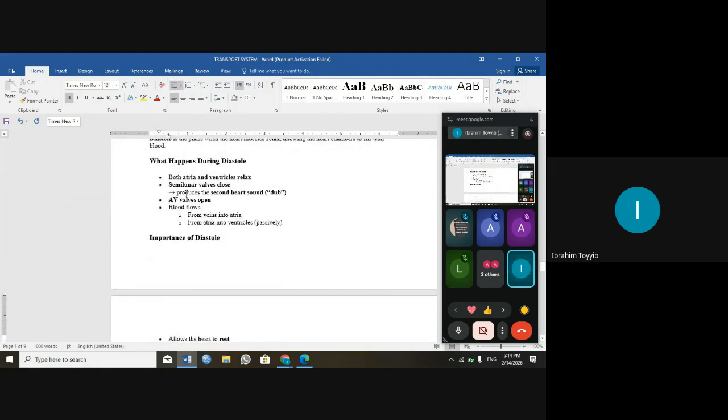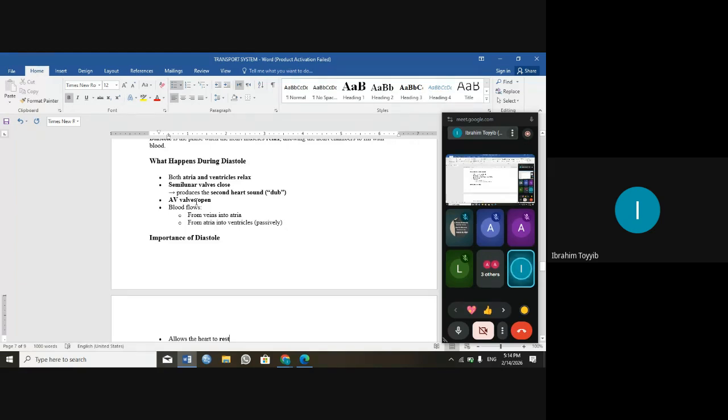Will close. When the semilunar valve opens, the sound lub is produced, and when it is closed, the second sound dub is produced. So that's lub, dub, lub, dub.